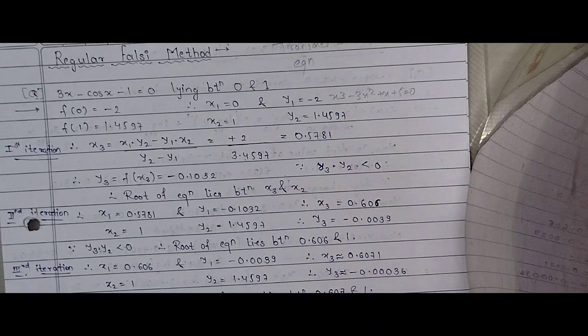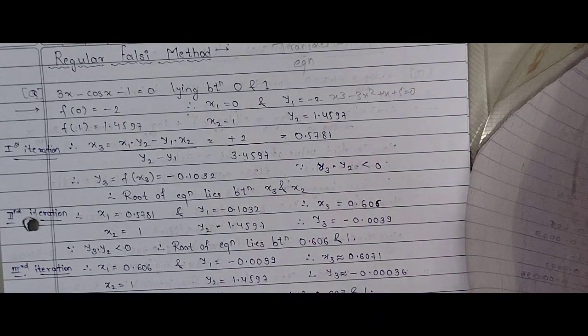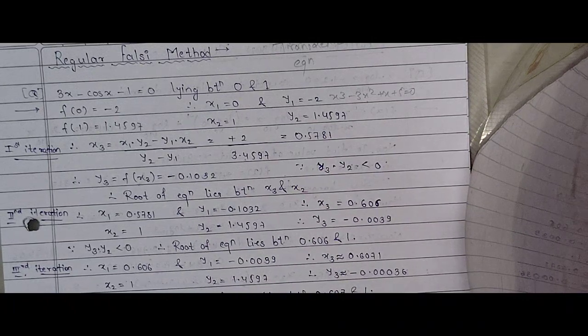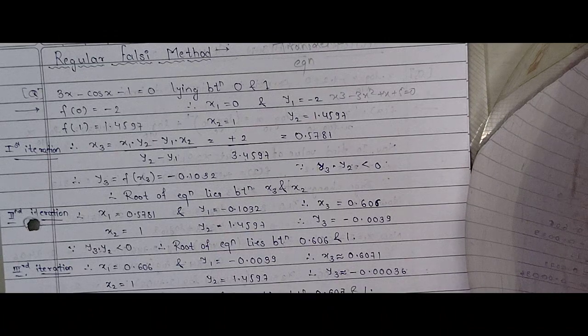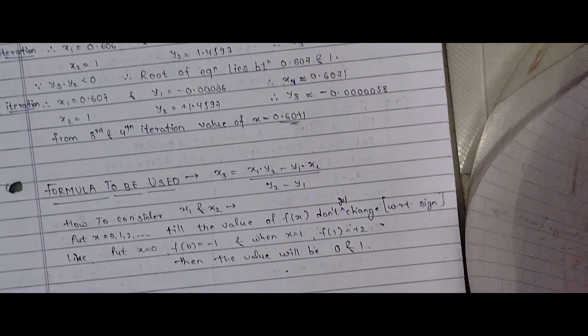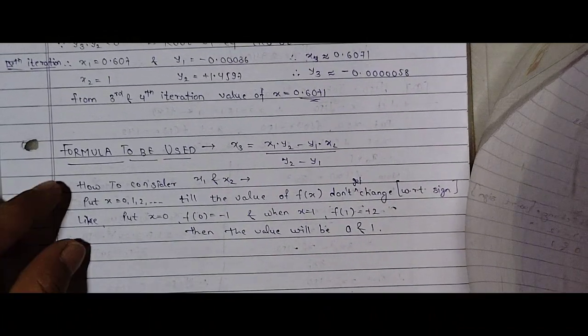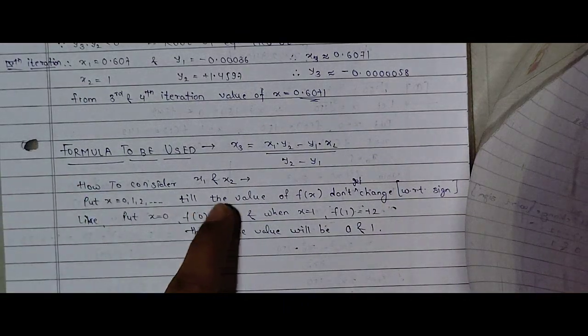So in regular FALSI method we have to use a standard formula, and for using that formula we have to consider x1 and x2. So here is the formula and the step for how you will consider x1 and x2.